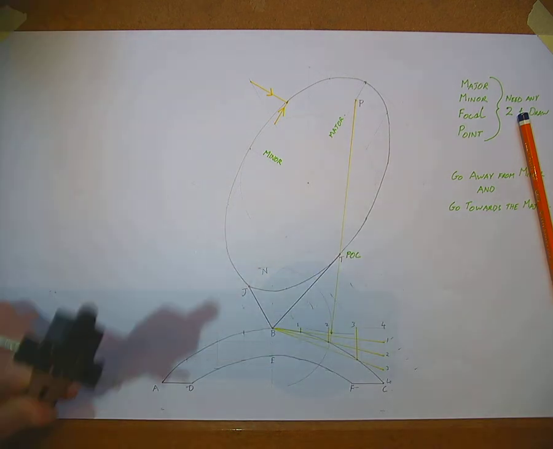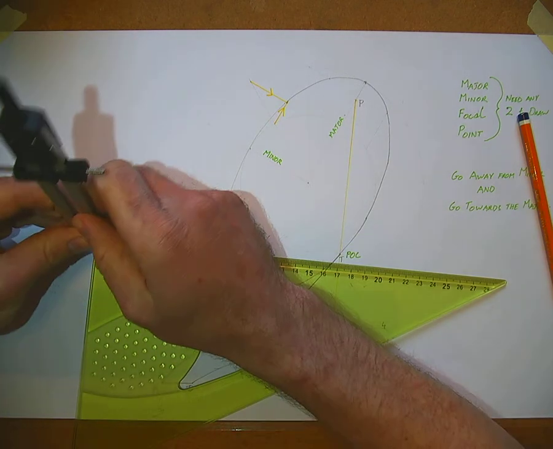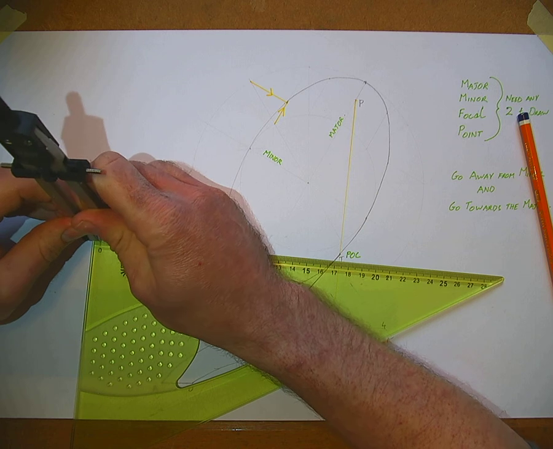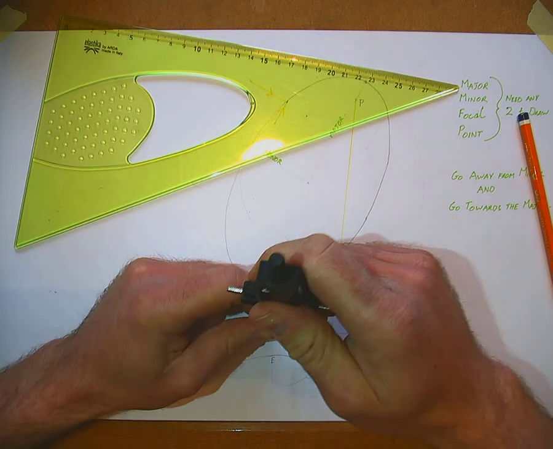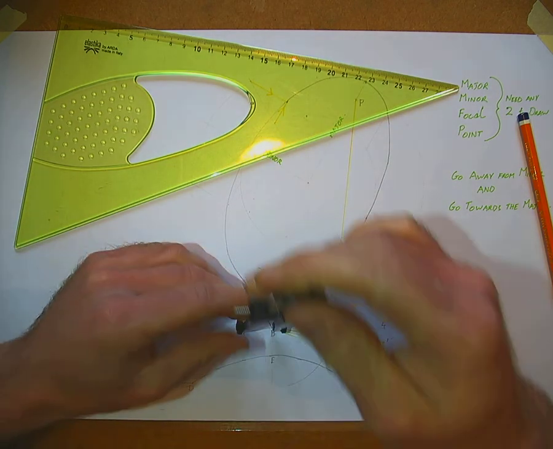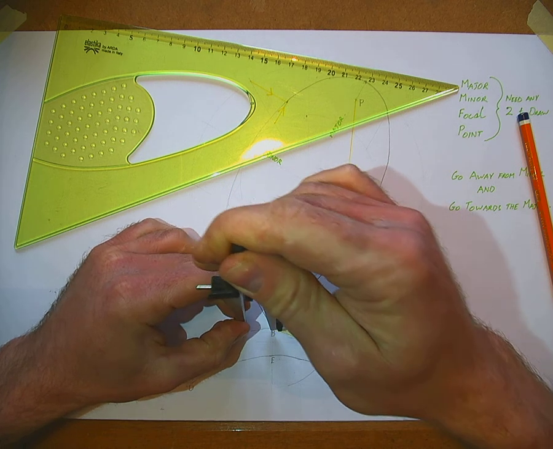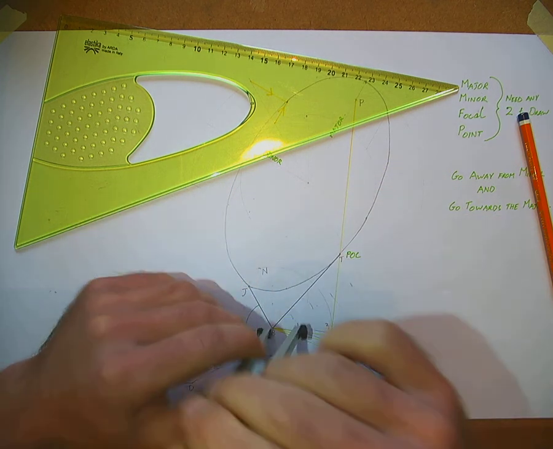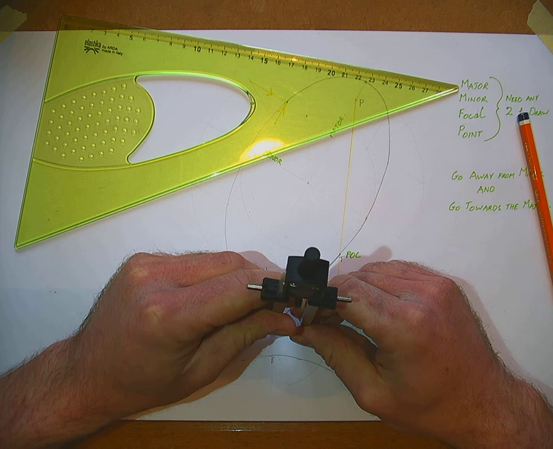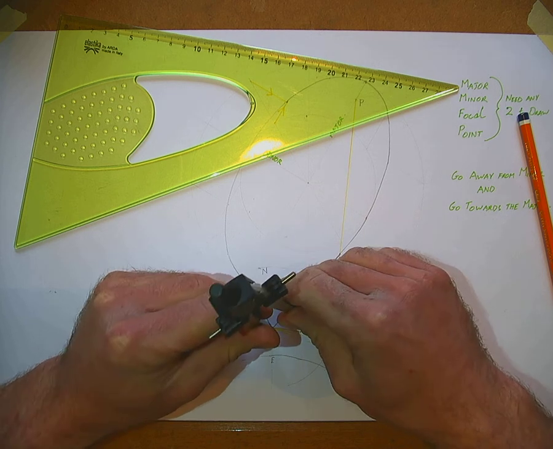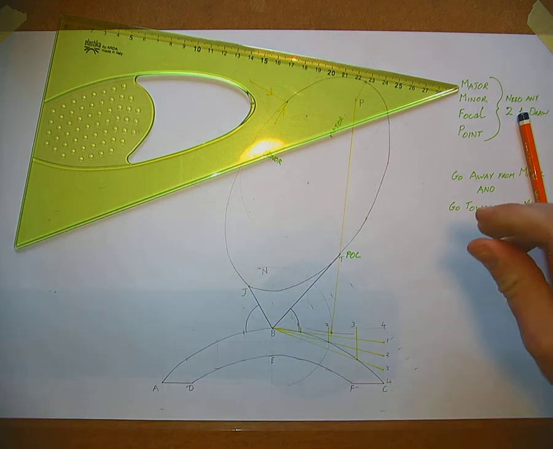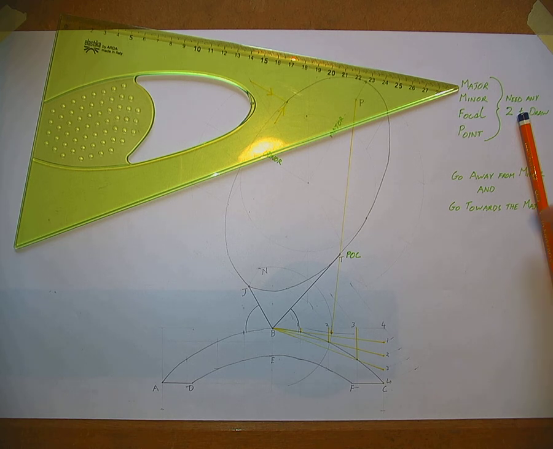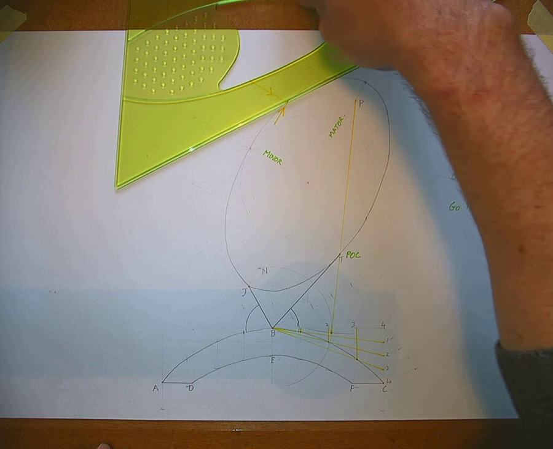So this circle down below is radius 20. Now it only starts from there and goes to there, and likewise here it starts here and goes to there. Okay, so that is the radius 20 there. In your drawing it's actually shaded in there.